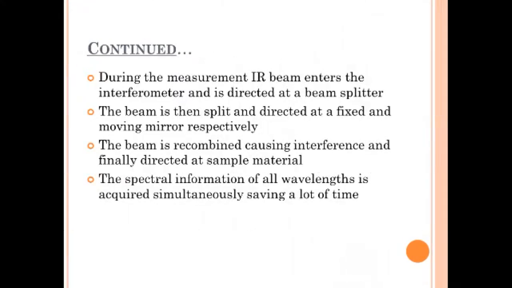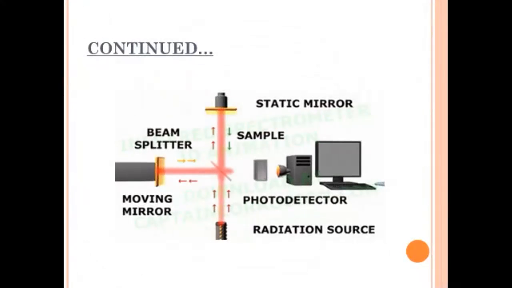During the measurement, the IR beam enters the interferometer and is directed at the beam splitter. Now, discussing the detail, I will show you by showing this figure. The interferometer shown in the figure on the right is a Michelson type interferometer. During the measurement, the beam enters the interferometer and is directed at the beam splitter.